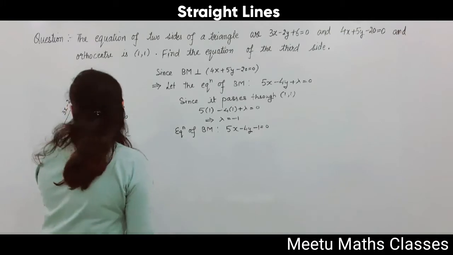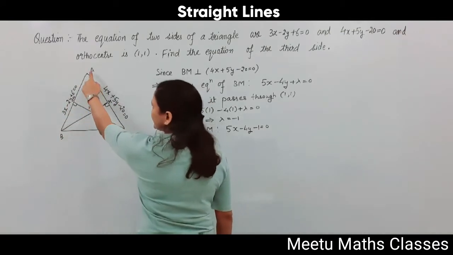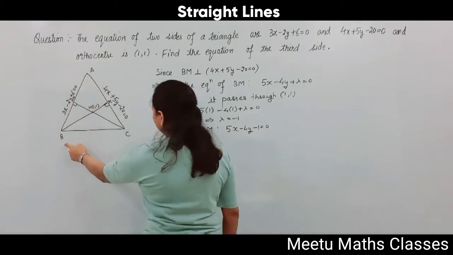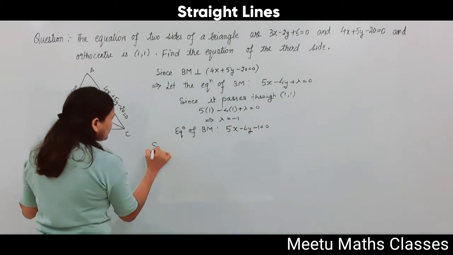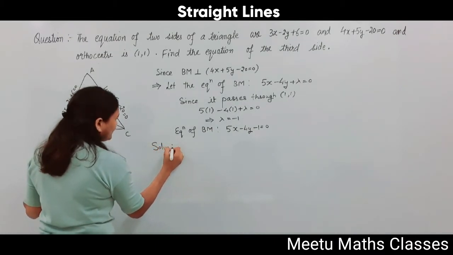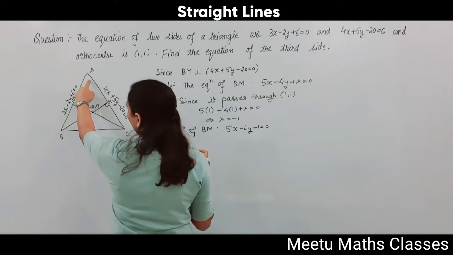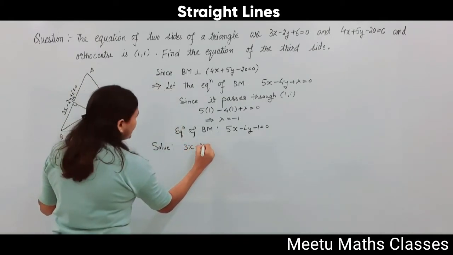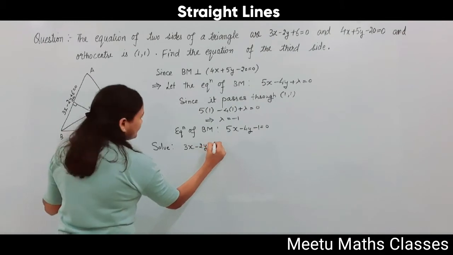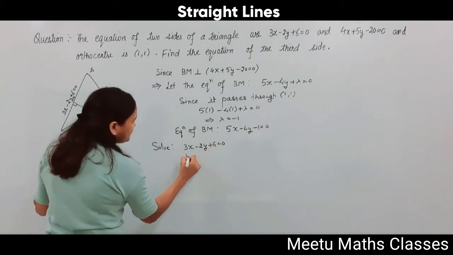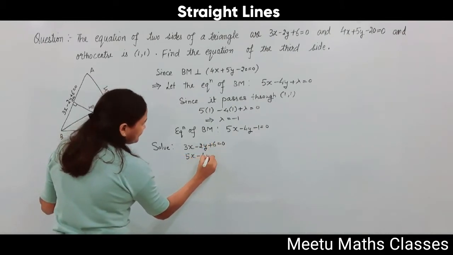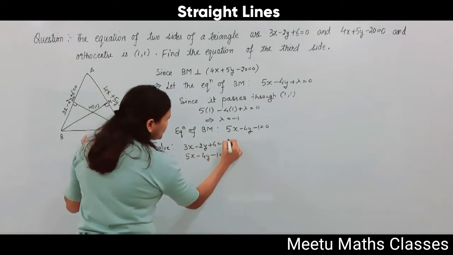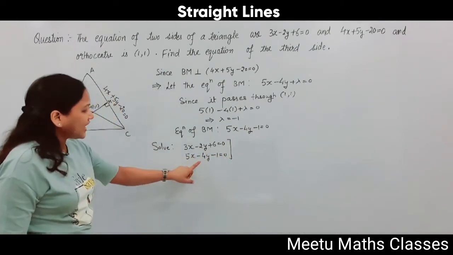Now we know that B is the intersection point of AB and BM. So to find B, we are supposed to solve these two equations, AB and BM. You can use the elimination method.